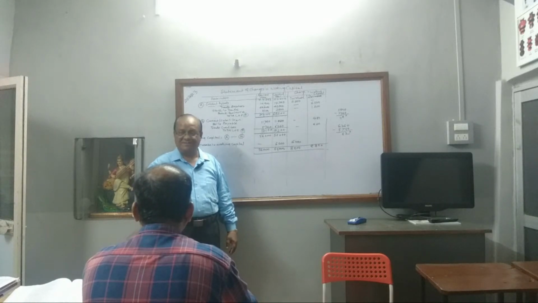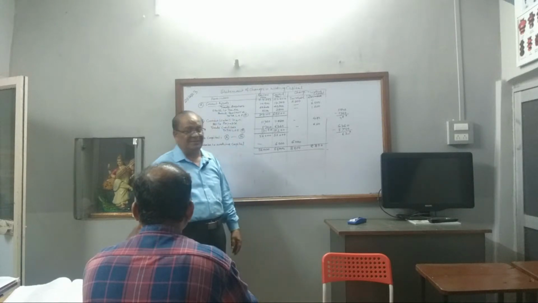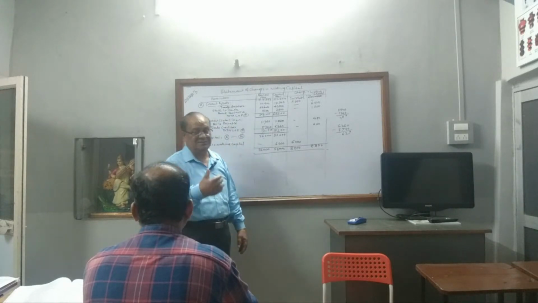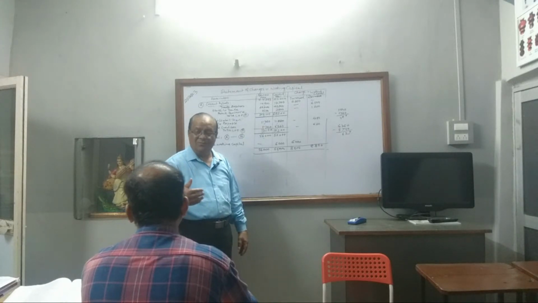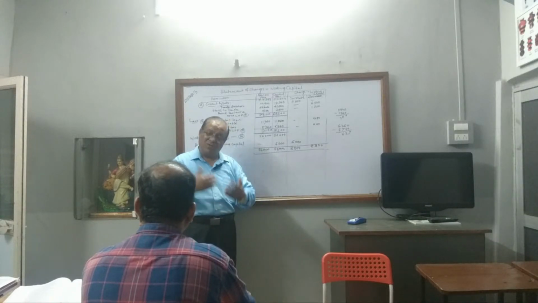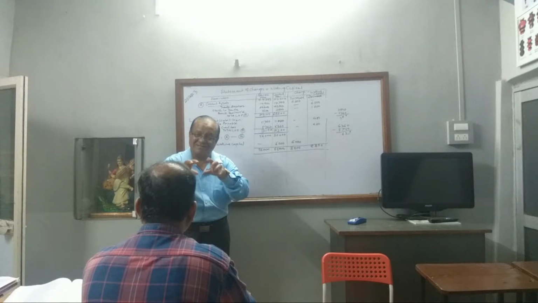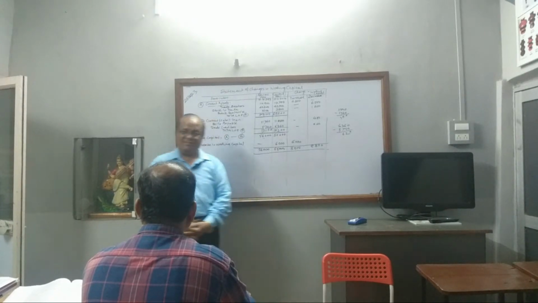Got it? The fund flow statement we prepare to ascertain the exact funds available: what are the sources of funds, what are the applications of funds. Likewise, here we use the sources of cash: how cash is incoming and how cash is outgoing. Regarding the cash, therefore, we have to prepare the cash flow statement.